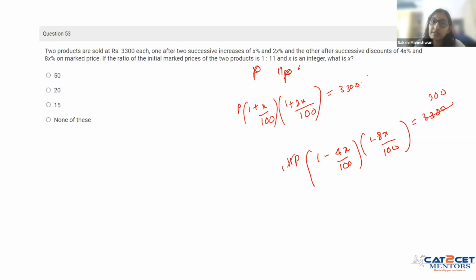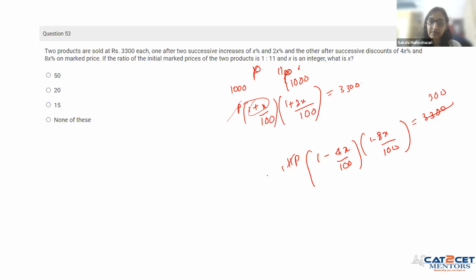So let me divide this, and I think I can get, how can we simplify? Let's just take P as 1000 maybe, and this will become 11,000. But we still don't have x. We'll have to just simplify this. That's the only option, I think.